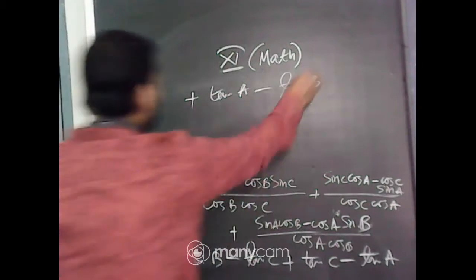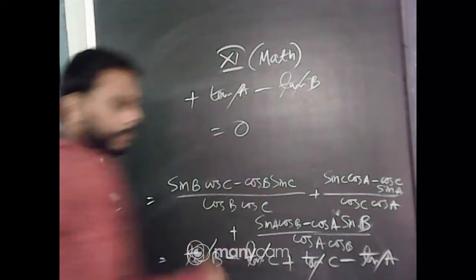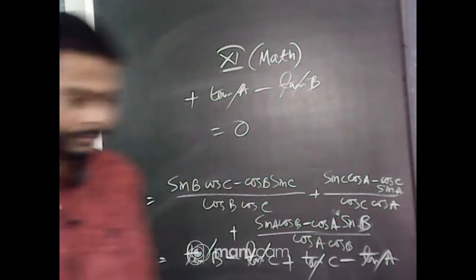So tan B will cancel out, tan C cancel out, tan A cancel out, it will give you 0. Is it all right?